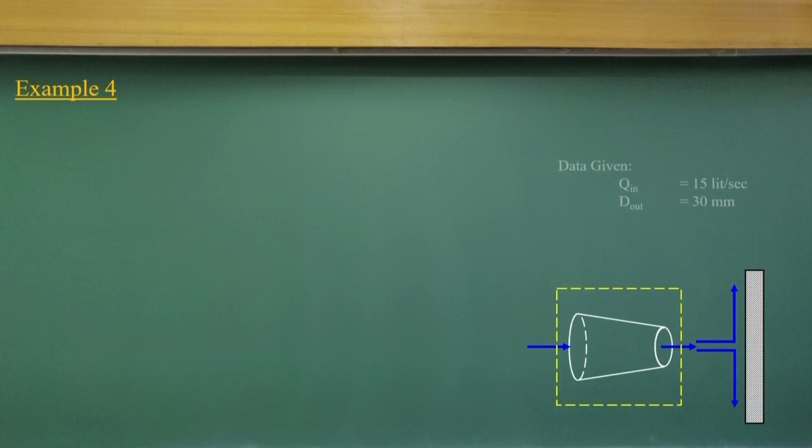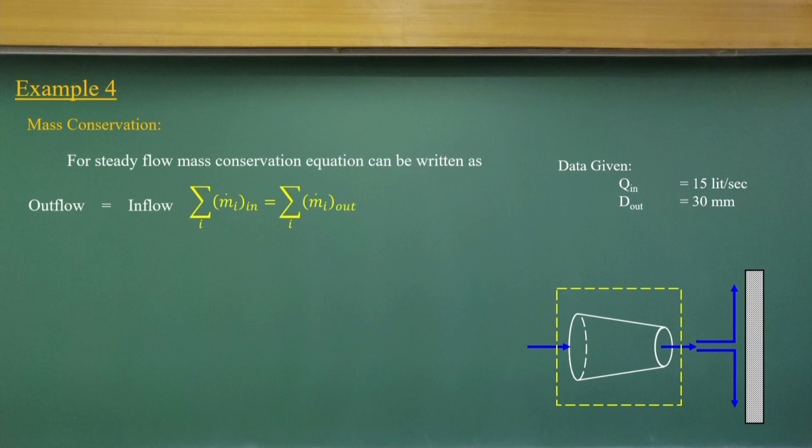Now I apply the mass conservation equation. First at the nozzle level, inflow is equal to outflow, that is, the product of A and V in equals A out V out.